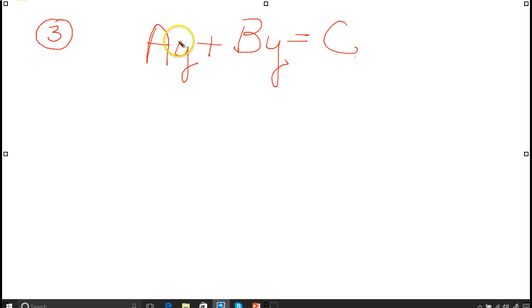We want to solve for the letter Y. And you might say, well, wait a minute, Y is in 2 terms.